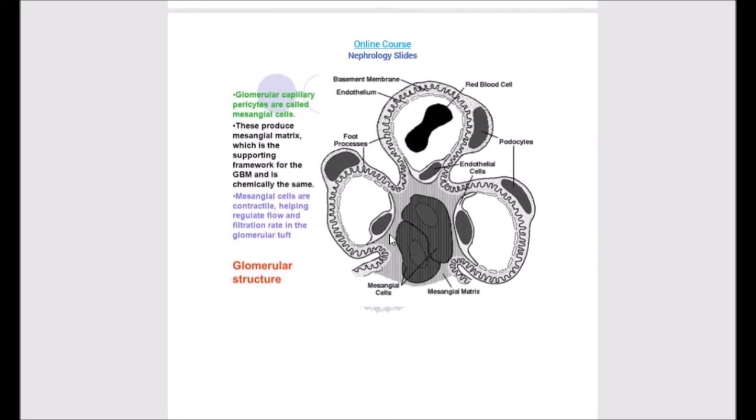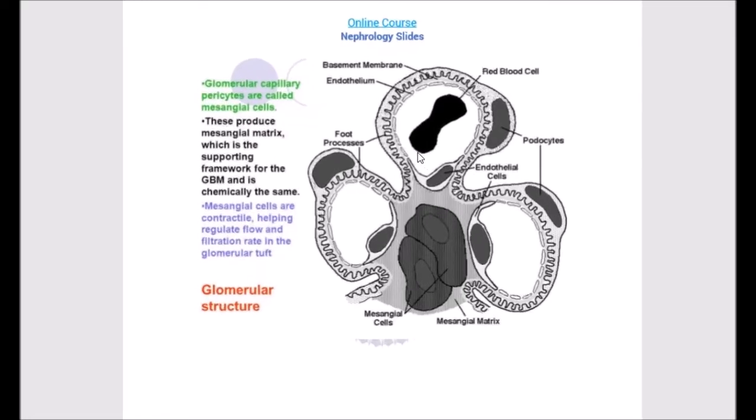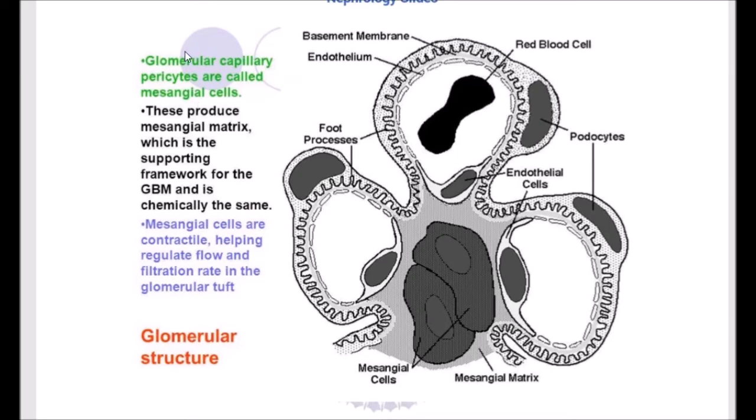Another slide, you see, the same slide, but here is some more information. Glomerular capillary pericytes are called the mesangial cells, so they are pericytes. They produce the mesangial matrix, which is the supporting framework for the glomerular basement membrane and is chemically the same, meaning the matrix and the cell are the same.